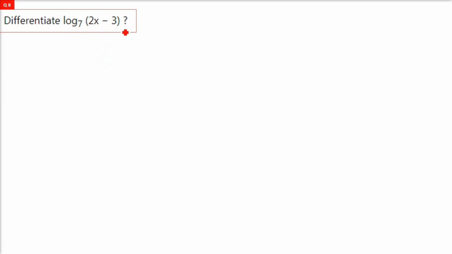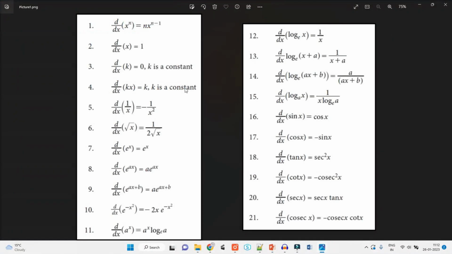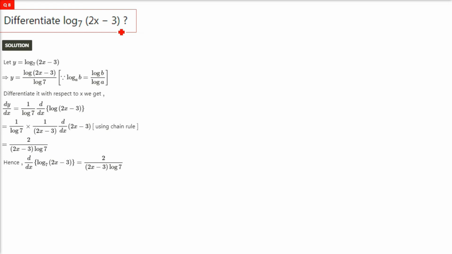Log base 7 of 2x minus 3. The derivative of log base e is 1 by x, but when you have log base a, that is some constant base, not e. Standard is e, which we write as ln. But when we write log with some base, say here base is 7, log base 7 of 2x minus 3, we will use the standard result.